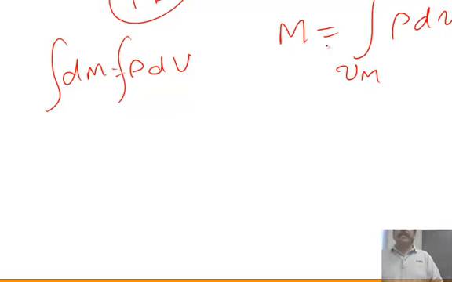What does mass balance tell us? Mass is neither created nor destroyed. Mass is conserved, right? Except in nuclear reactions, mass is conserved. So what does that mean? Suppose this material volume is not stagnant, it's not in the laboratory, it's moving freely.